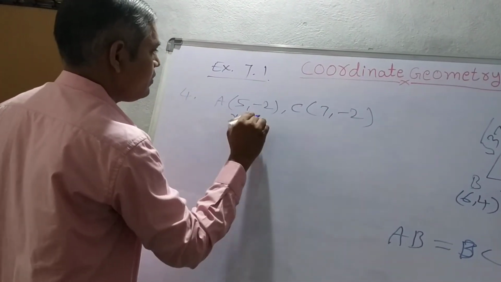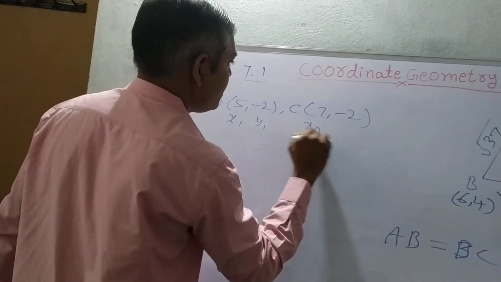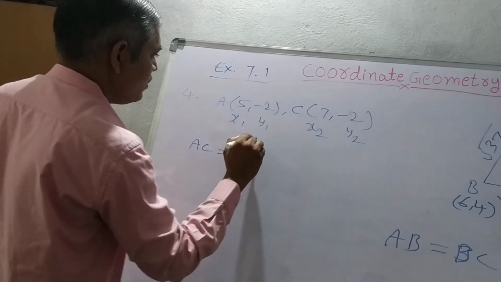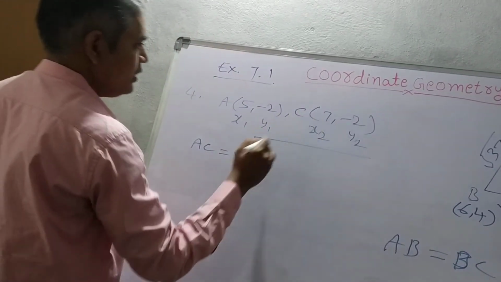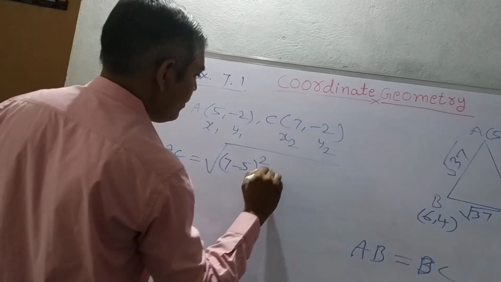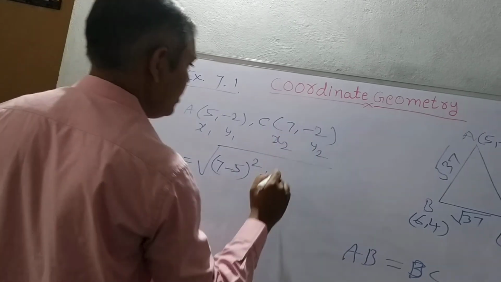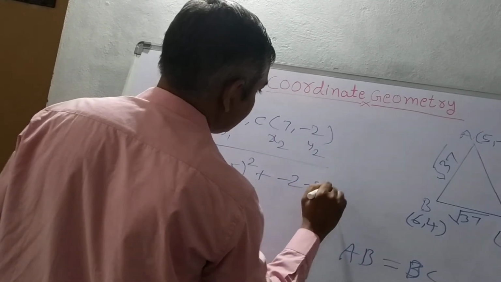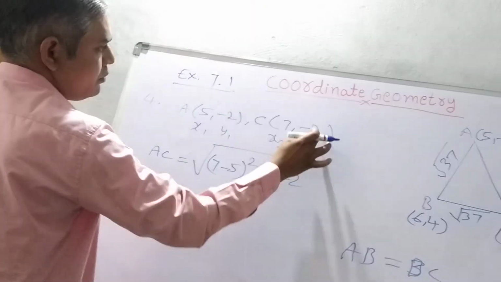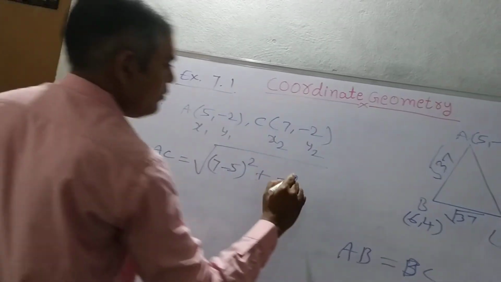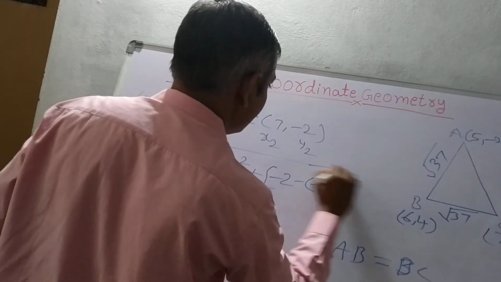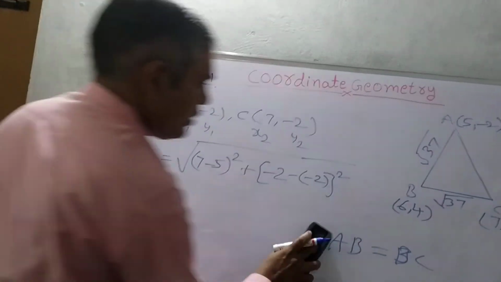Here is x1, y1 and here is x2, y2. AC is equal to the square root of (x2 minus x1) whole square, x2 is 7 minus x1 is 5, plus (y2 is minus 2 minus y1, minus of minus 2) whole square.